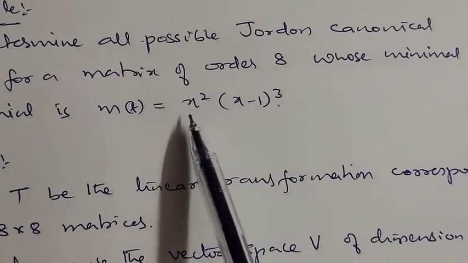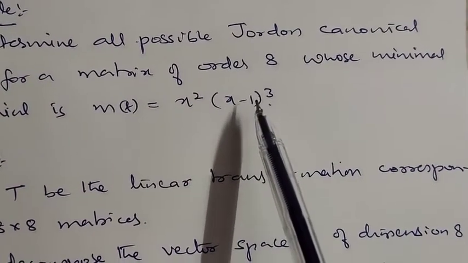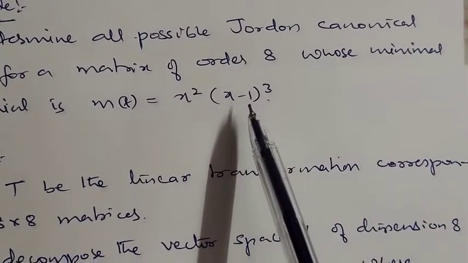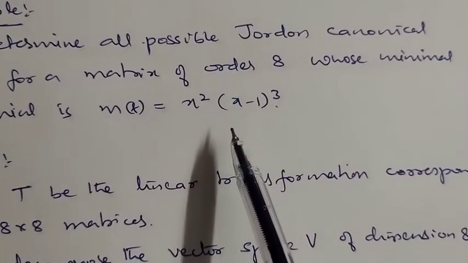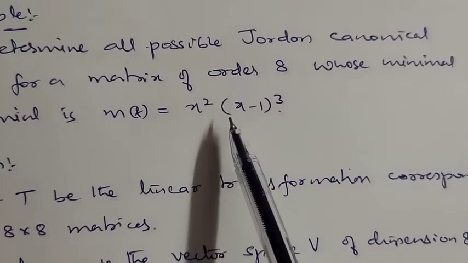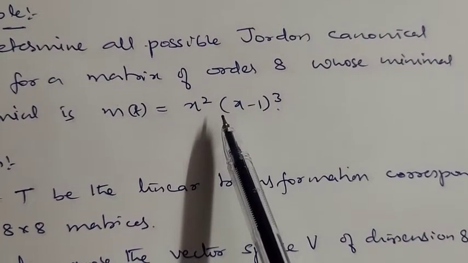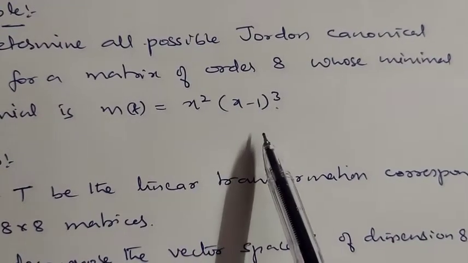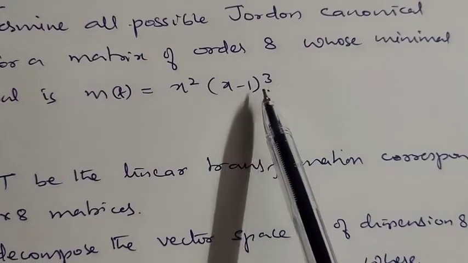Here the minimal polynomial is of degree 2 plus 3, 5. Another 3 degrees we need to add. As I said in the above note, the characteristic polynomial must contain the factors of the minimal polynomial, that is, x square into x minus 1 whole cube.